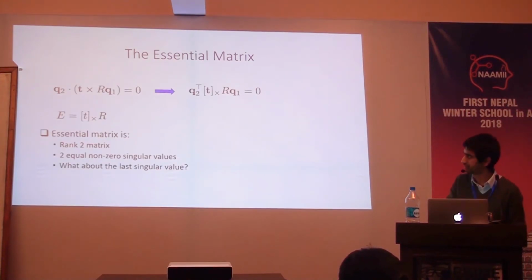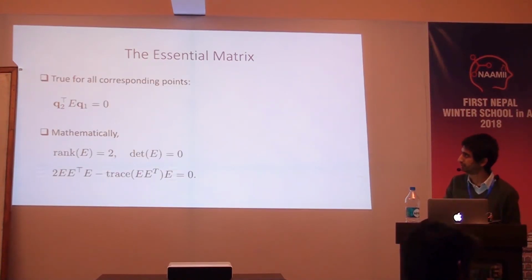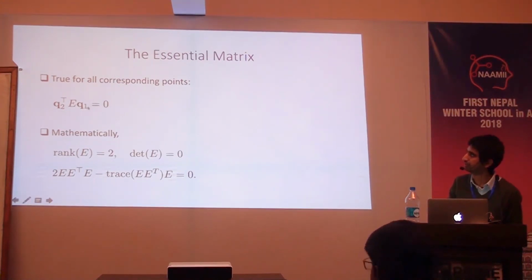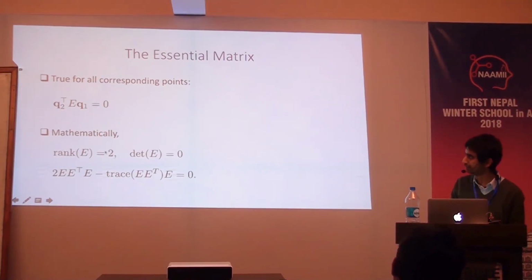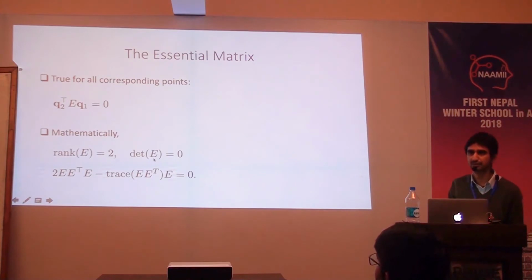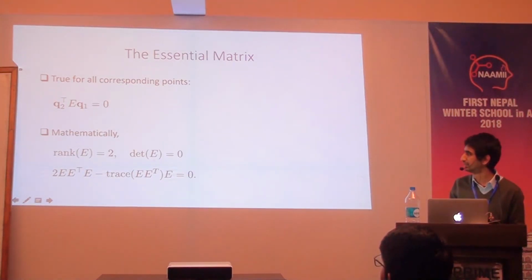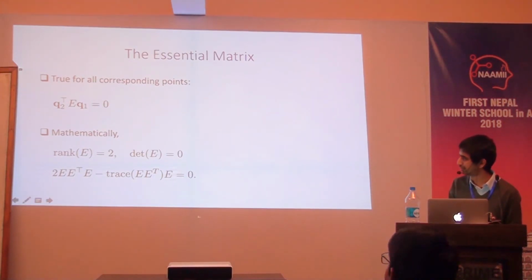So let's talk more about these relations. Our relation is Q2 transpose E Q1 equal to 0. Mathematically, its rank is 2, and therefore its determinant is 0. And the two equal singular values we talked about can be written in this very complex mathematical formula.